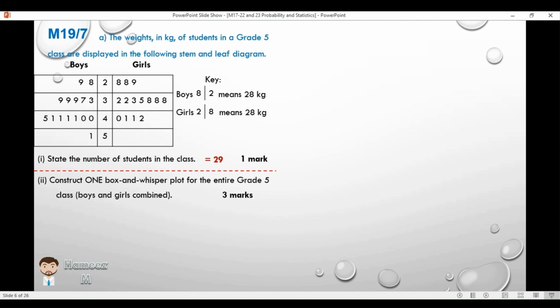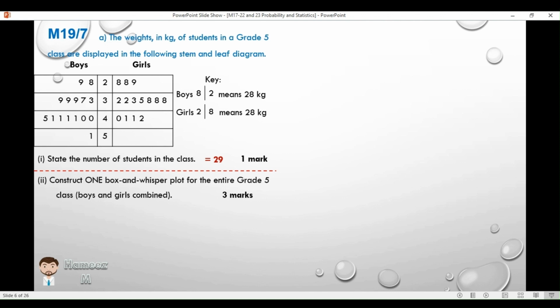So what that is telling us is that when we're looking at this box and whisker, remember that it gives some vital information, such as what is the minimum value in the entire combined class, what is the maximum value in this grade 5 class, the first, second, and third quartiles, meaning the 25th percentile, 50th percentile, and 75th percentile. So we need to do that for one large piece of information. And presently in the double stem and leaf diagram, it's separated into two.